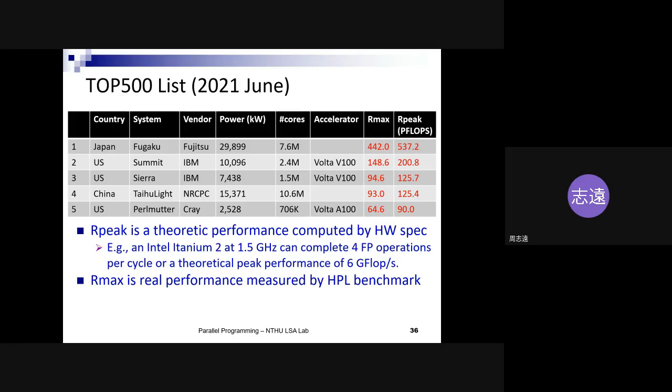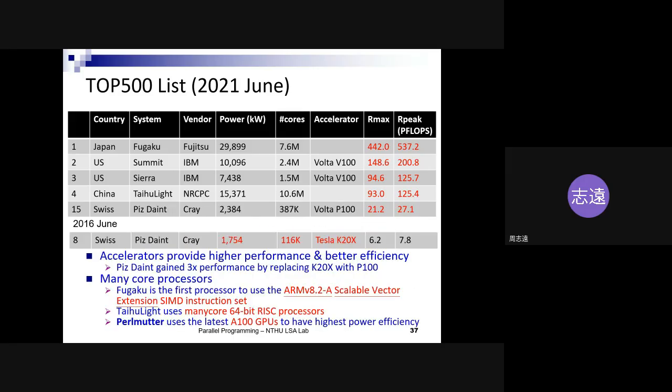Another thing you can observe from here is that basically all of them are using accelerators, because this type of computing device or processor can provide much more computing power than the traditional CPU.